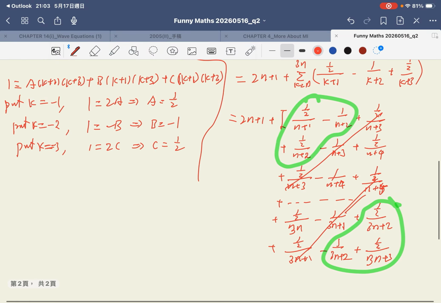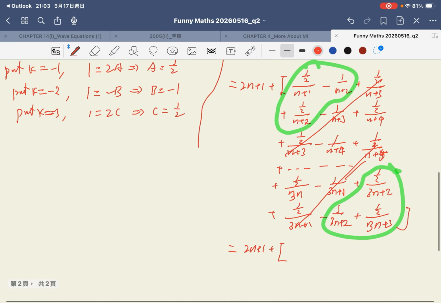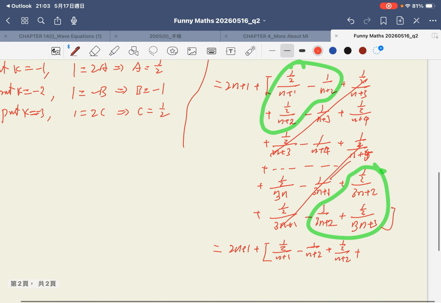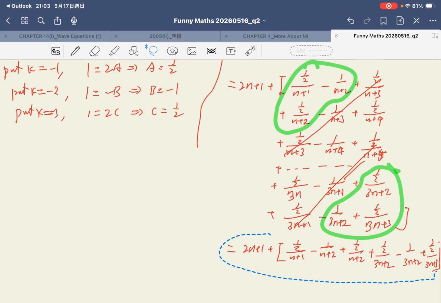Now we have 2n plus 1 plus 1 over 2(n+1) minus 1 over (n+2) plus 1 over 2(n+2), and plus 1 over 2(3n+2) minus 1 over (3n+2) plus 1 over 2(3n+3).